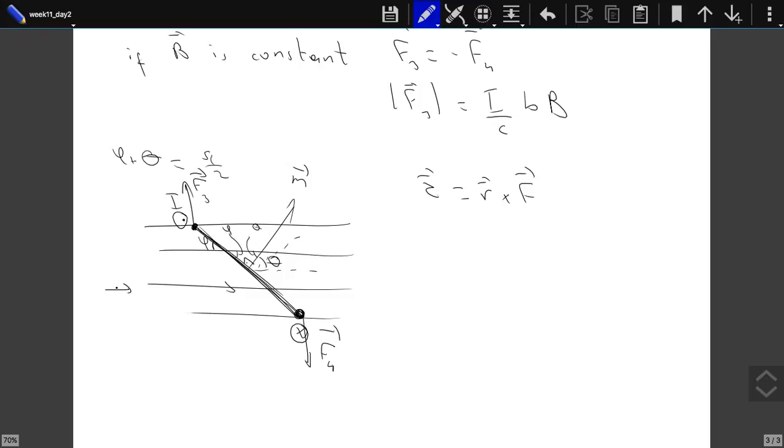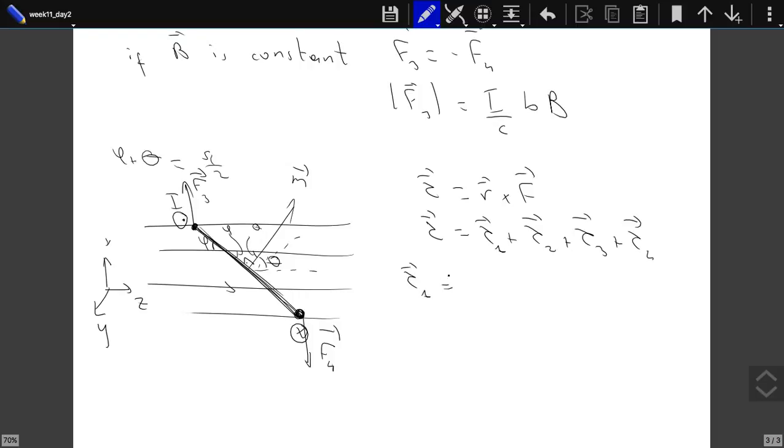So let me choose, I had already chosen this as my Z. Let's say this is X, this is Y. So what is the torque? I will just write it in two parts: torque due to F1, torque due to F2, torque due to F3, torque due to F4.